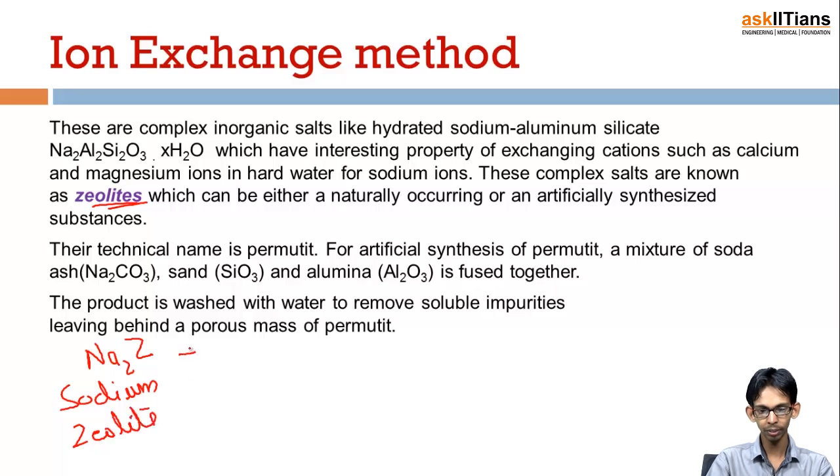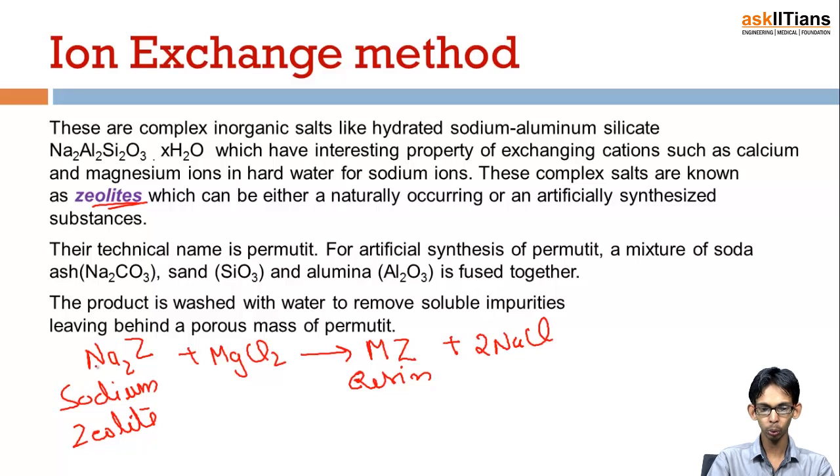This sodium zeolite, when it reacts with a salt of magnesium, we get MZ, this is the exchange resin, and along with this we get sodium chloride. So this sodium has been exchanged with magnesium, that is why it is known as the ion exchange method.